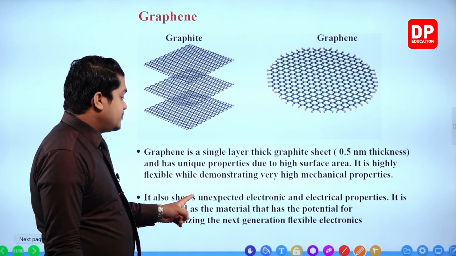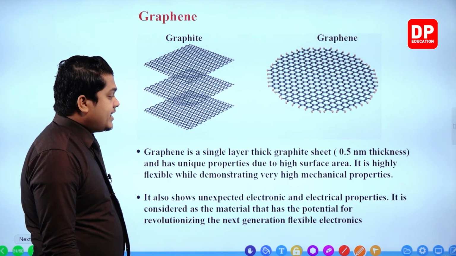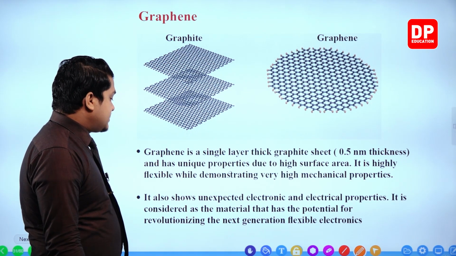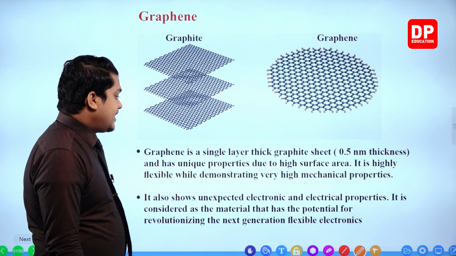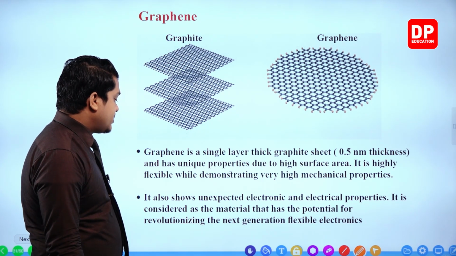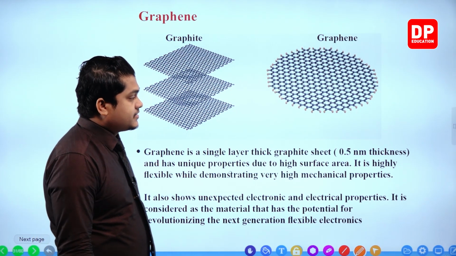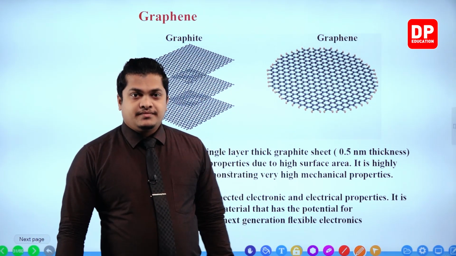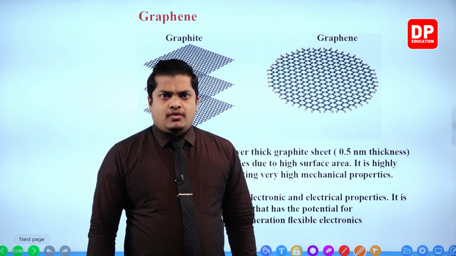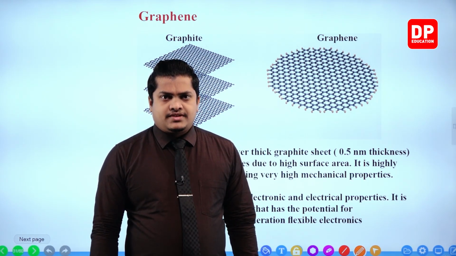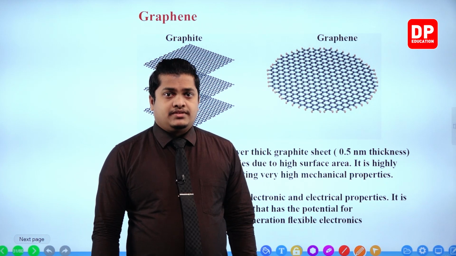Well, it also shows unexpected electronic and electrical properties. It is considered a material that has the potential for revolutionizing next generation flexible electronics. My dear children, you have heard about flexible mobile phones, tablets, flexible televisions and other electronic equipment.